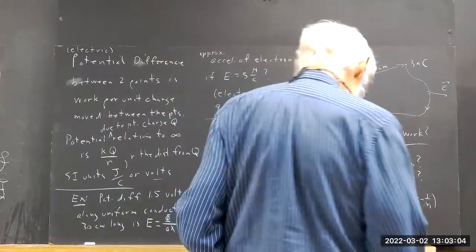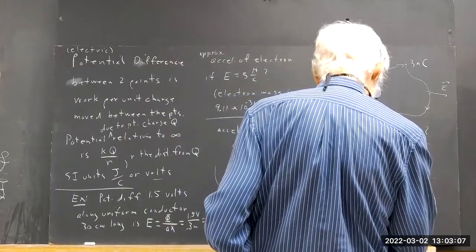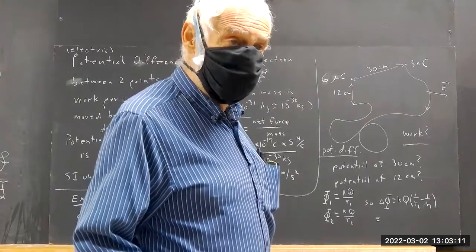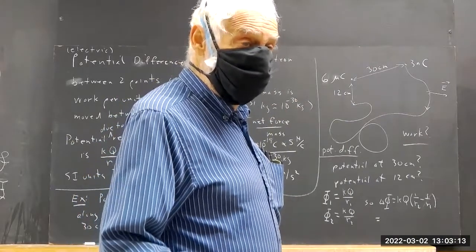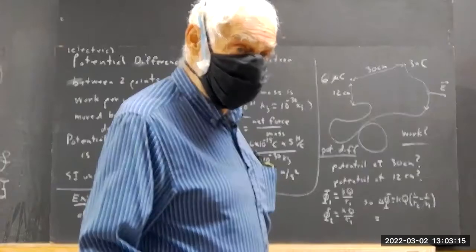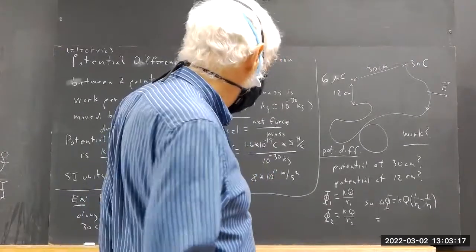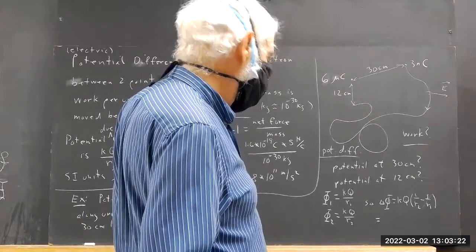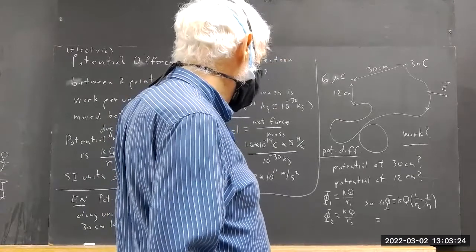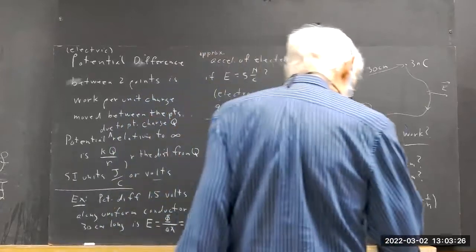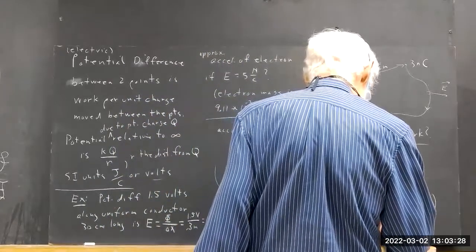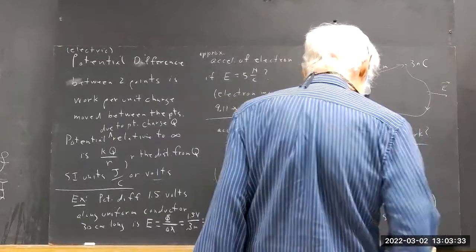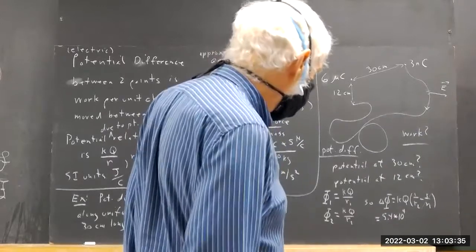Well, that's easy. KQ: 9 times 10 to the 9, multiplied by 6 times 10 to the negative 6, gives you 54 times 10 to the third, which is 5.4 times 10 to the fourth.